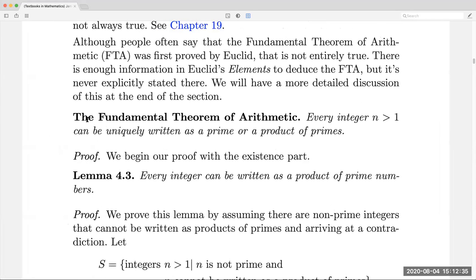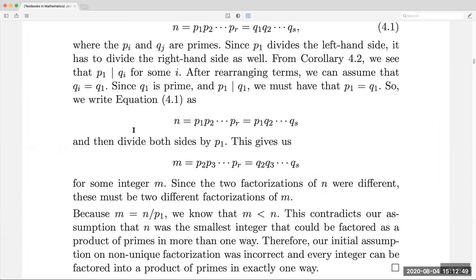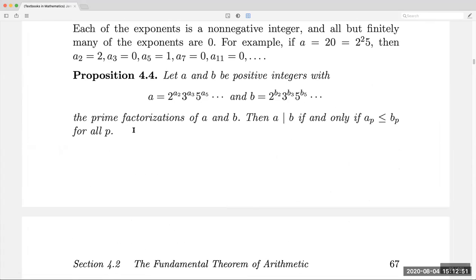Okay, so I think you know this one already. Every integer greater than 1 can be uniquely written as a prime or a product of primes. I think we don't need to have a look at this one. And then this is a proposition.